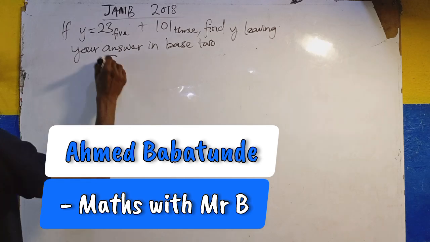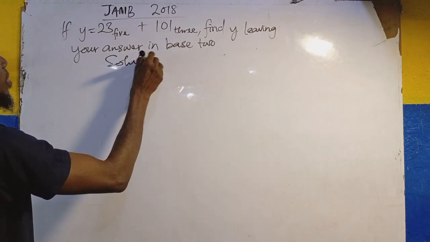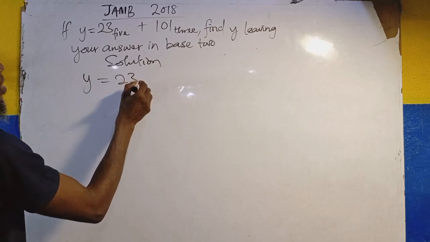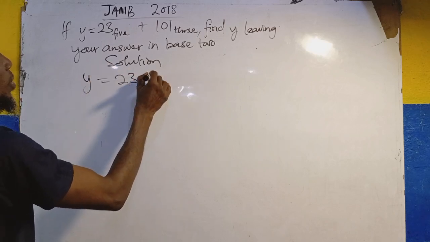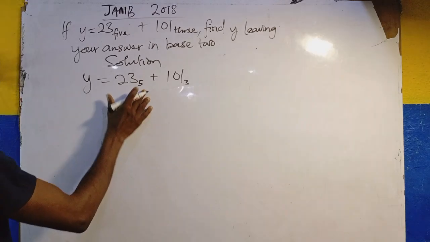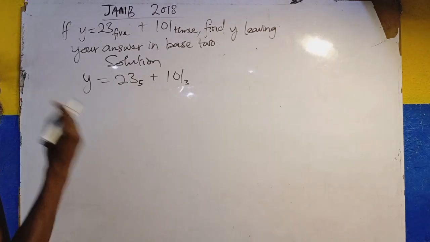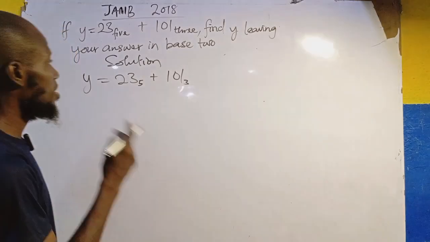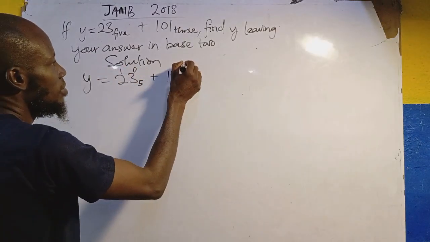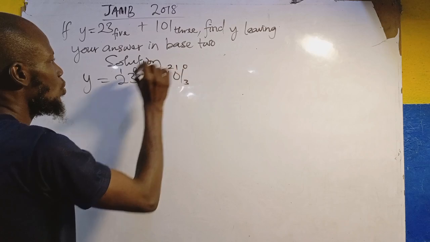So let's see. y equals 23 in base 5 plus 101 in base 3. Now, converting it to base 10, we are going to assign some digits here. So here we have 0, 1, then 0, 1, 2.